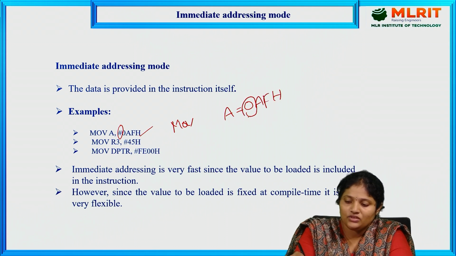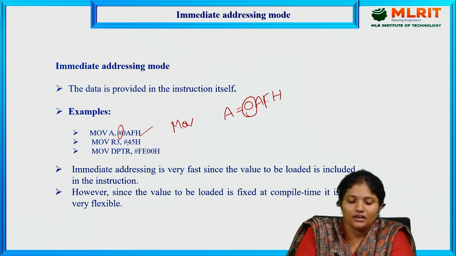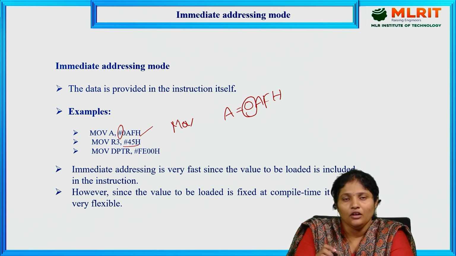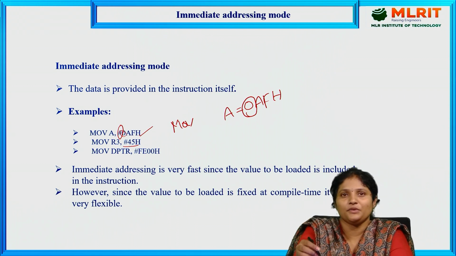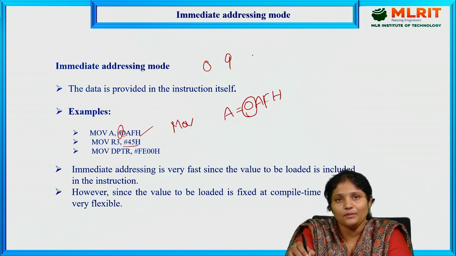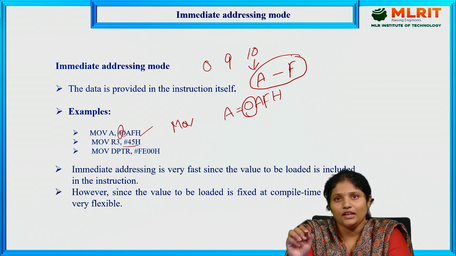So why are we mentioning 0 before AF? In the next instruction, MOV R3, #45H, we didn't mention any 0 before the number, but in this particular instruction, we have mentioned the 0 before A. Why? While representing hexadecimal numbers, we represent the numbers from 0 to 9, and from 10 onwards, we represent them with the letters A to F. So to represent the numbers 10 to 15, we use A to F respectively.